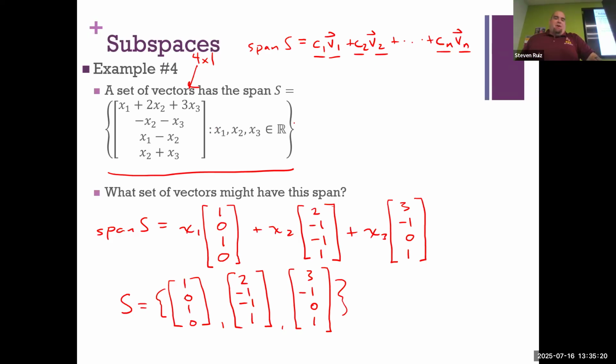That's all condensed inside this set builder notation. So my vectors will look like x1 plus 2x2 plus 3x3 and so on, as long as x1, x2, and x3 are real. That essentially is the definition of a linear combination. So you basically have to cull out the vectors that make up that set from the way that span is written.